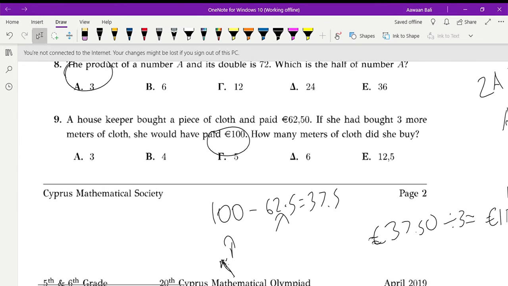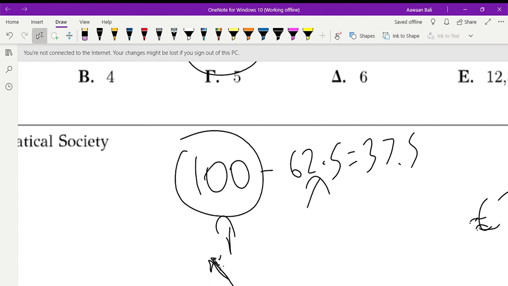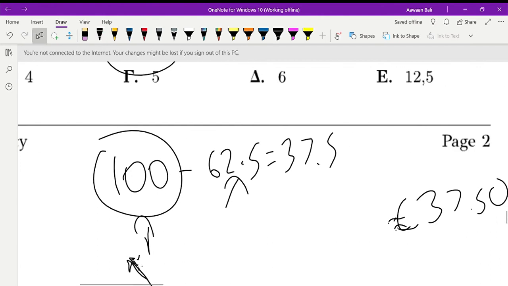Okay, just for a quick review of that method, €100 is the price of the meters of cloth the housekeeper bought plus 3 meters more. So minus €62.50.